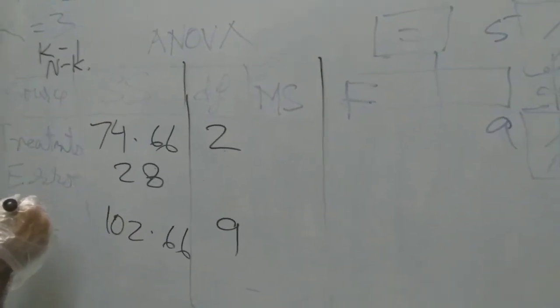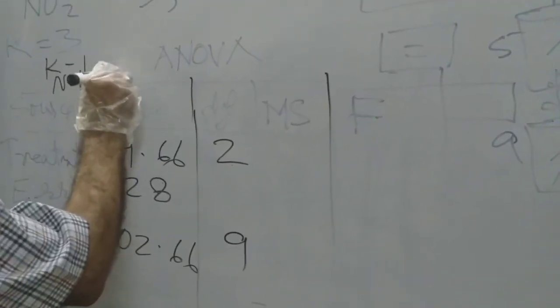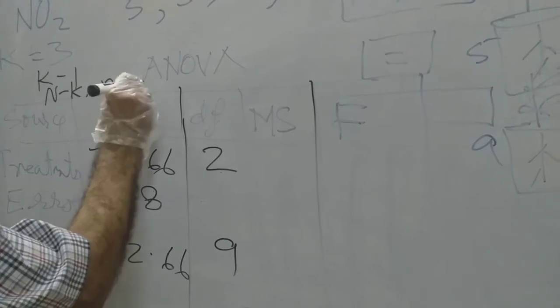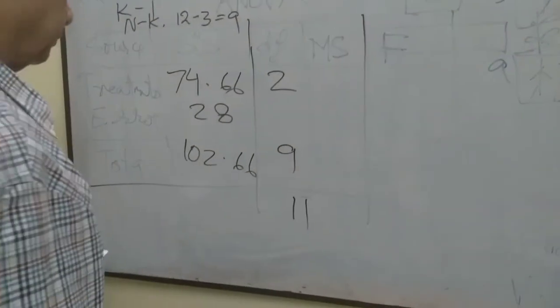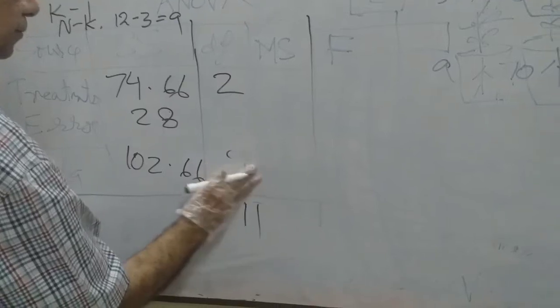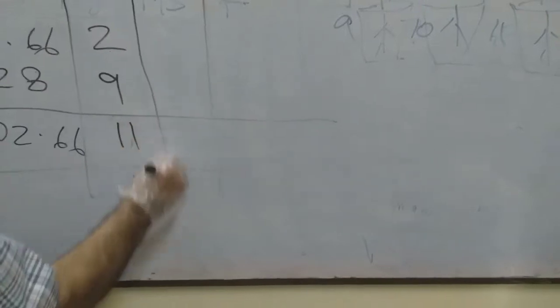So total observations are 12 minus 3, which is equal to 9, and the total will be 11. And then divide the sum of squares by degrees of freedom.